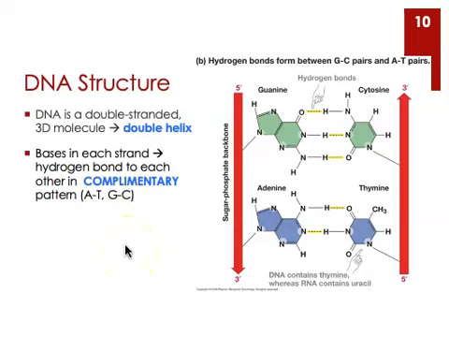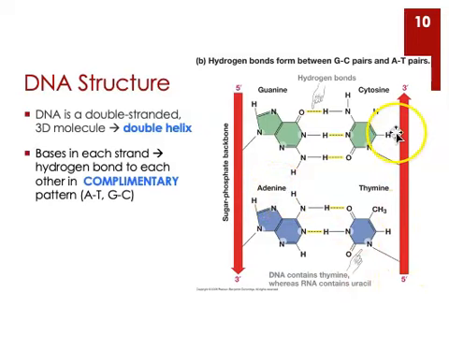Now let's take a look at the drawing. You'll notice that you don't see nucleotides in this drawing. I don't see anywhere that there's a sugar, a phosphate group, and a base. I can see a base right here. This green structure is labeled guanine. I can see a base right here. This one's labeled adenine.